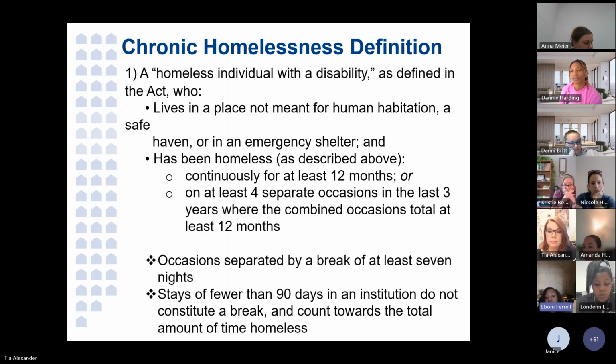Any stay of 7 nights or more in transitional housing would constitute a break and does not count towards a person's length of time homeless for the purpose of establishing chronicity.